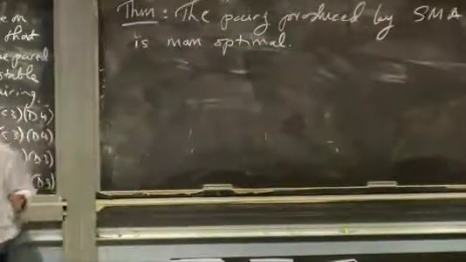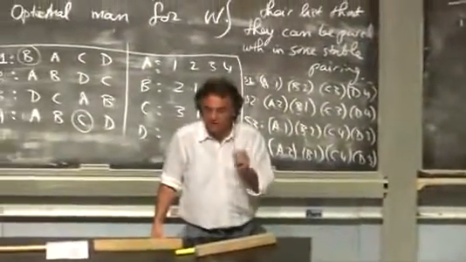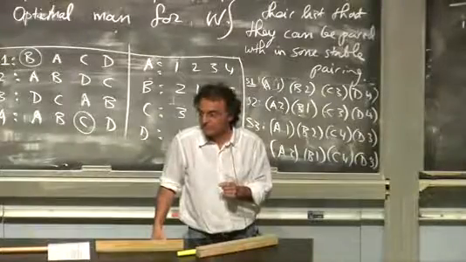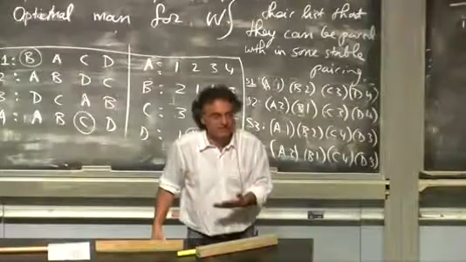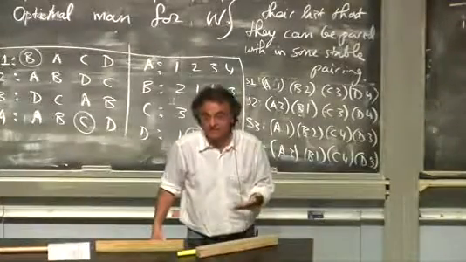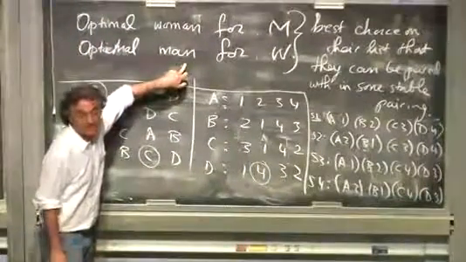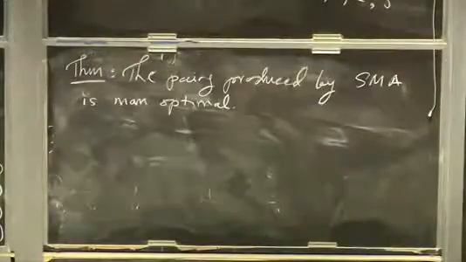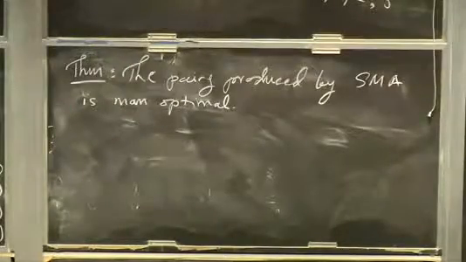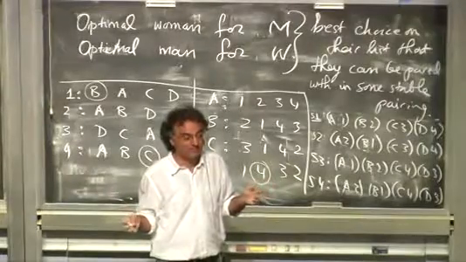This is a very strong condition. What it means is every man gets his optimal choice. He gets the best possible choice he could under stability, simultaneously. Here we were just saying, what's the optimal choice for this man? Now what we're saying is, actually the stable pairing that's produced by this algorithm happens to give every man individually the best possible outcome that he could possibly hope for, simultaneously.